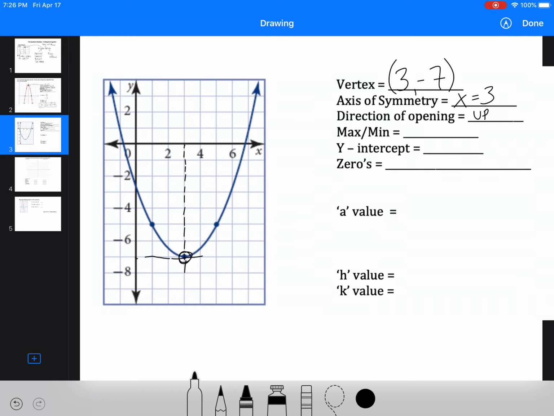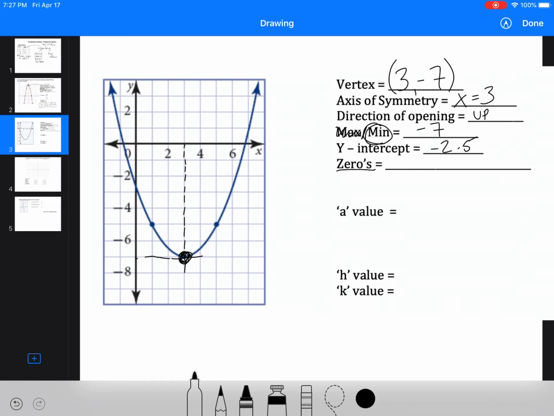That means the axis of symmetry is x equals 3 because it's always the same as the vertex. The direction of the opening is up because our graph is opening up. That means that this value right here is a minimum. It's the lowest the graph can get. So it's a minimum of -7. The graph can go all the way down to -7.